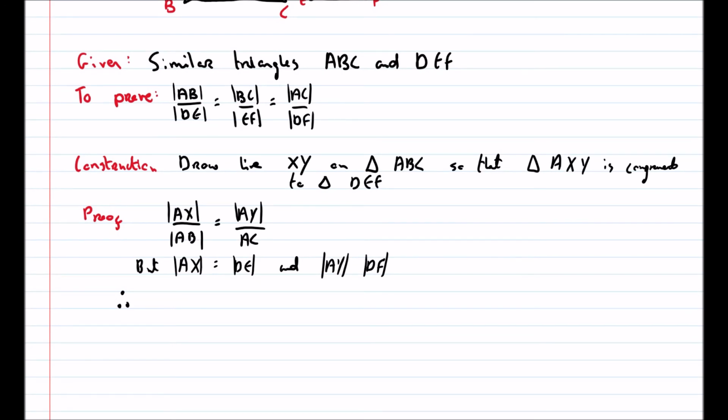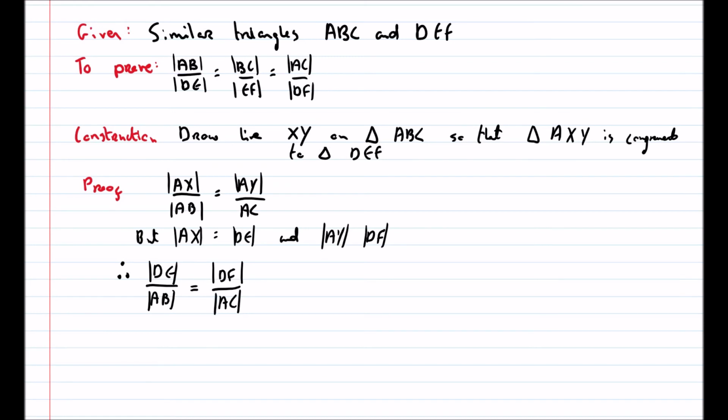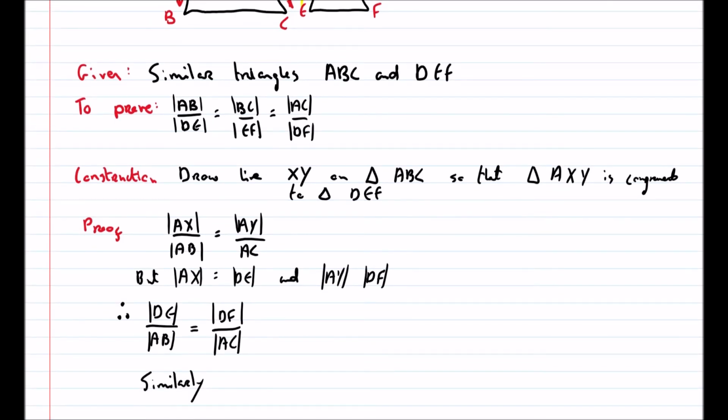So therefore, the distance from D to E over the distance from A to B equals the distance from D to F over the distance from A to C. And then similarly, I can say the distance from E to F over B to C is the same as DF over AC.